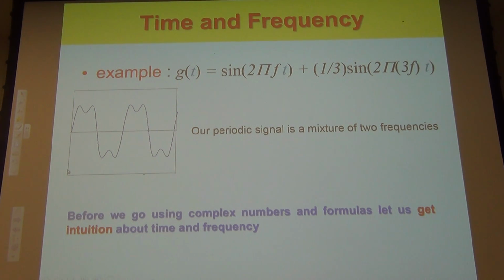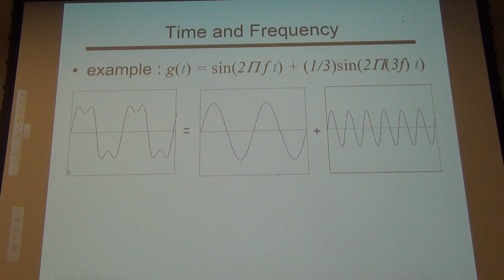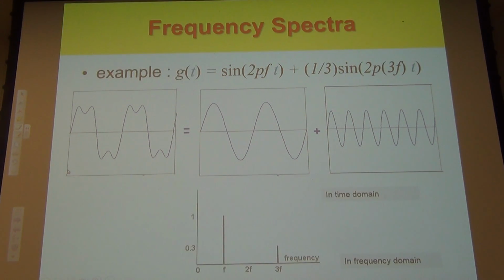Before we use complex numbers and the formulas, let us think about the frequency. What is the frequency? We can decompose this mixture signal into two signals. One is sine 2 pi ft. Another one is 1/3 of sine 2 pi 3ft. For the first signal, the frequency is f and the amplitude is 1.